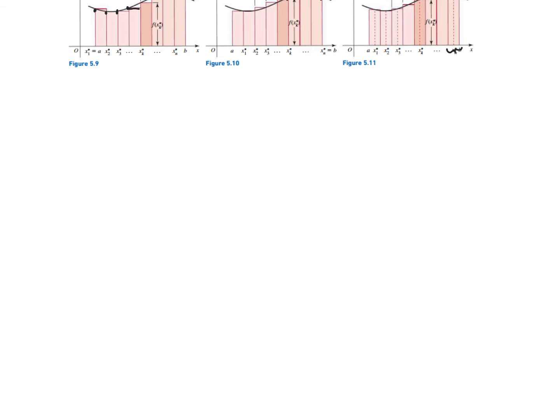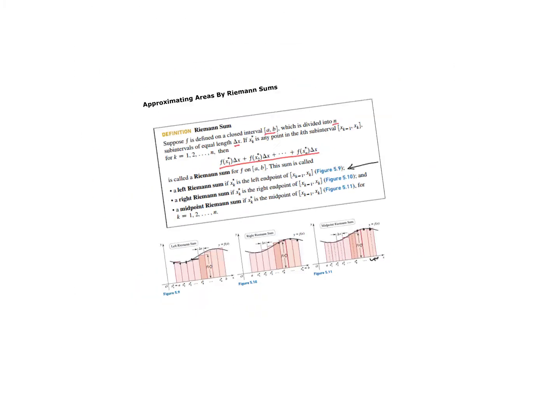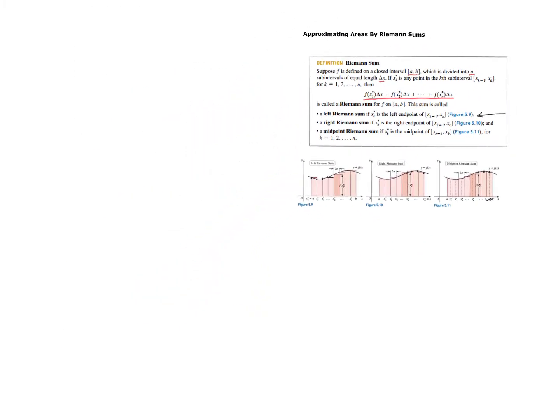So keep in mind that if we're doing a left-hand Riemann sum, then the first, how do I say this? Let me make this a little bit bigger, okay? Let's make this really small up in the corner, and I'm going to draw a picture of a left-hand Riemann sum.